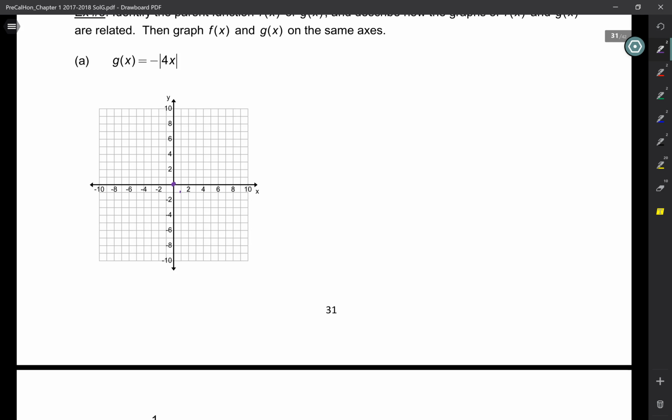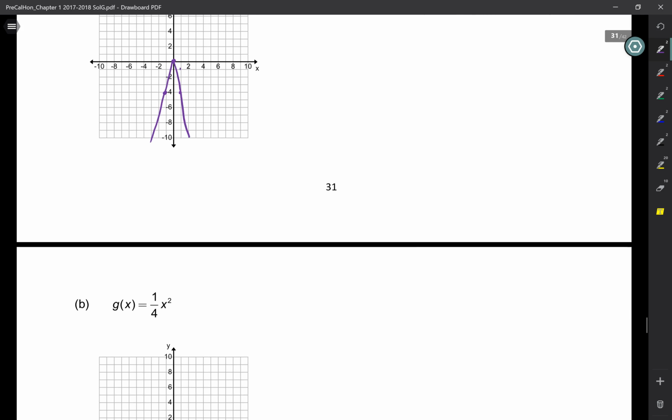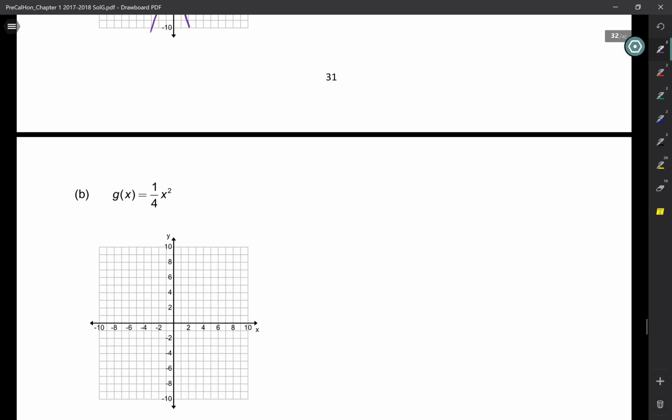This time we're going to go down 4 because you have to move over 4 times as little in order to go down 1. So this one you're going to go down 4 and down 4. I just graphed the first 3 points and then I eyeballed the rest.